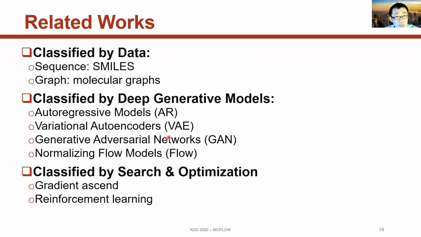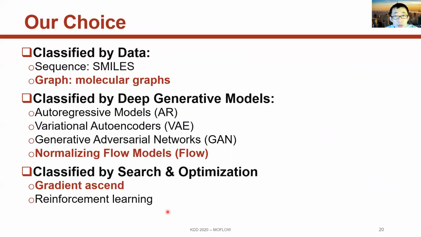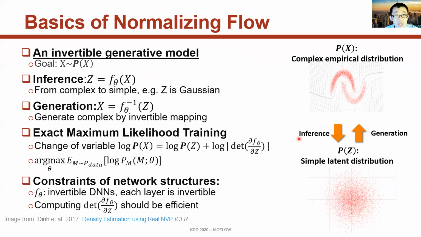However, autoregressive models tend to use reinforcement learning to optimize molecular properties. Here, we focus on molecular graphs, normalizing flows, and naturally optimizing molecules by gradient ascent in the latent space. We will first introduce the basics of normalizing flows and show why we choose normalizing flows as our basic generative framework.